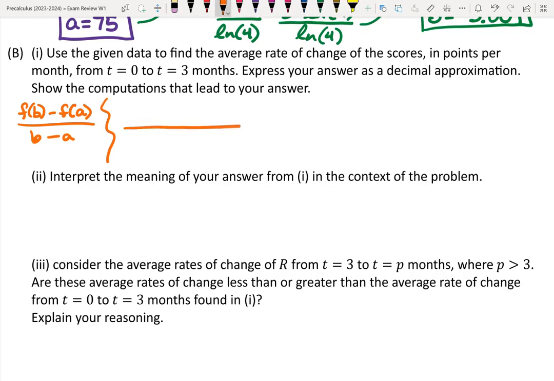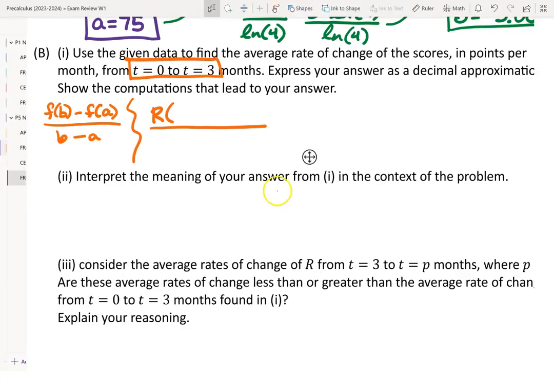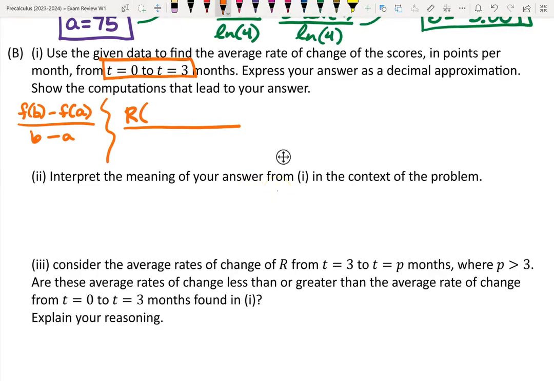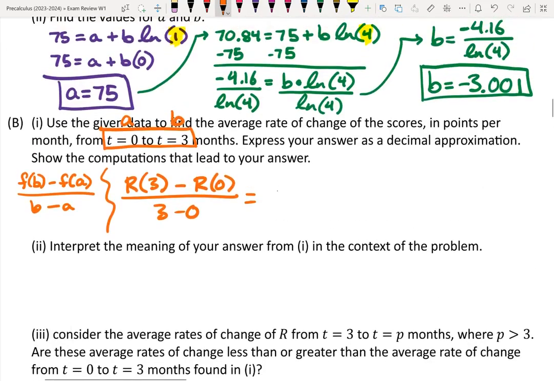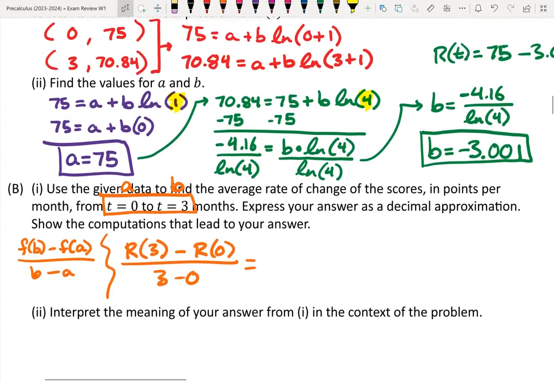Let's write it with the R, so it would be R of what? What's our B in this interval that they have? So again, like I was saying, 0 is A, 3 is B, so it would be R of 3 minus R of 0 over 3 minus 0. Well, we know those values, right? They gave us that before. What is R of 3?